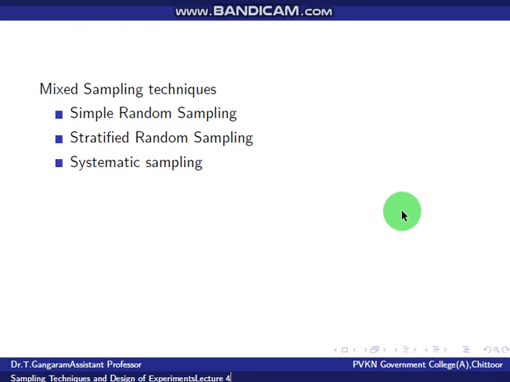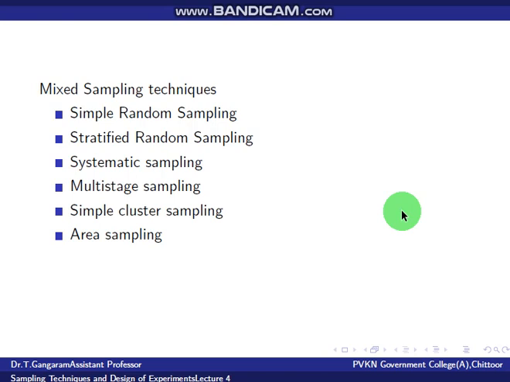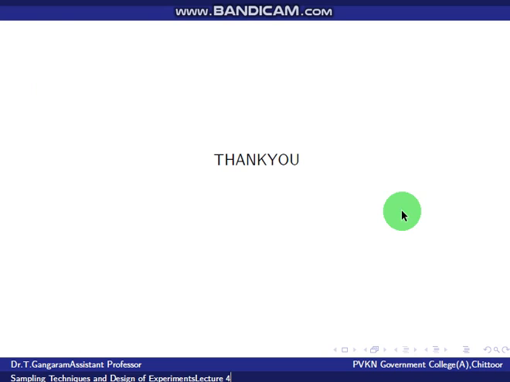Systematic sampling: if the population units are arranged systematically like numbered trees in a forest or labeled library books in a library. And then multi-stage sampling, simple cluster sampling, multi-stage cluster sampling, area sampling, quota sampling and so on. These are the various mixed sampling techniques.